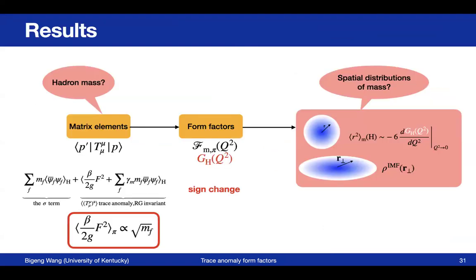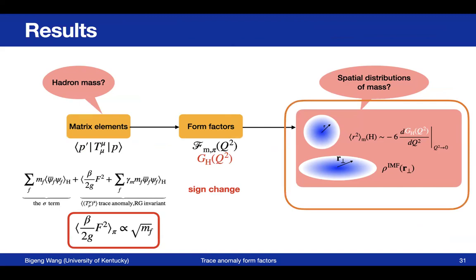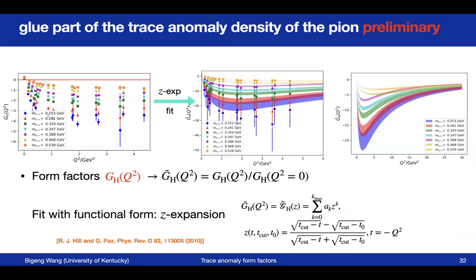But something more interesting I would like to show is not just the sign change of the form factor, but the spatial distributions that we get. In order to do that, we need to perform the Fourier transform, and therefore we need to fit these discrete form factor points with a functional form. Here we use the z-expansion fit. So we fit everything in the data region, and we can extrapolate to a relatively large momentum transfer.